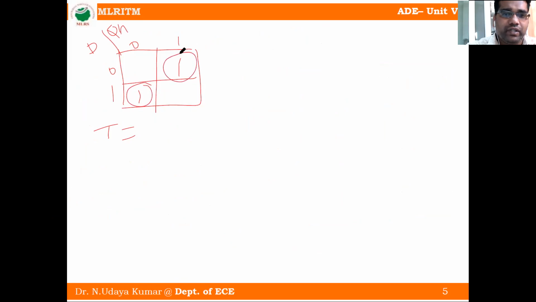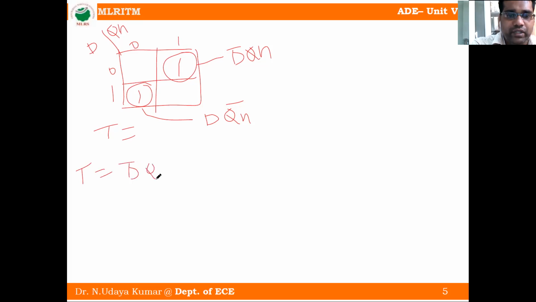For this we will get D bar Qn, and here we will get D Qn bar. That means T is equal to D bar Qn plus D Qn bar.